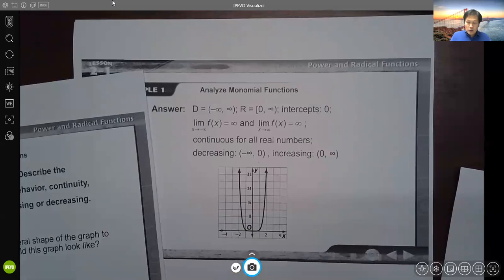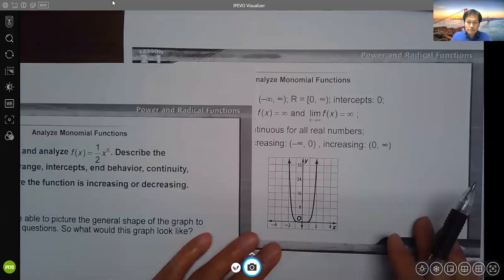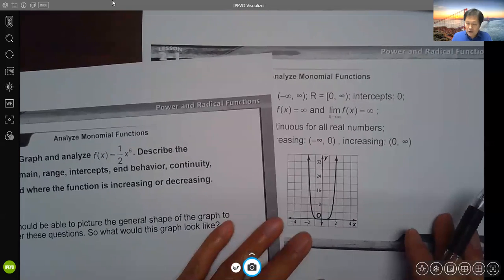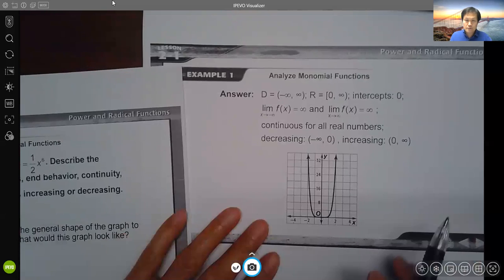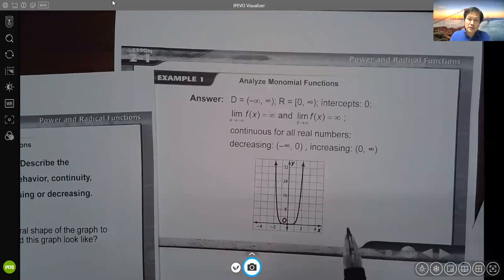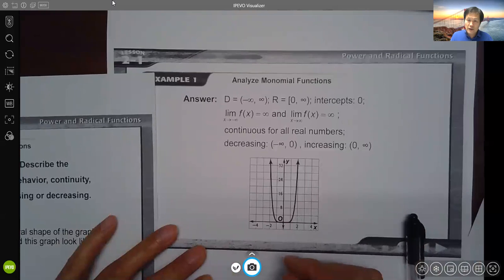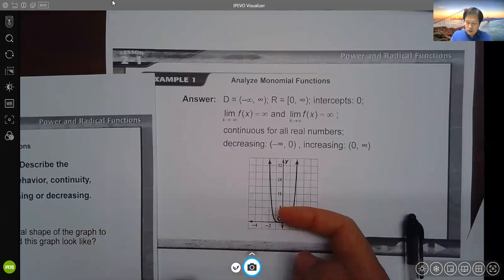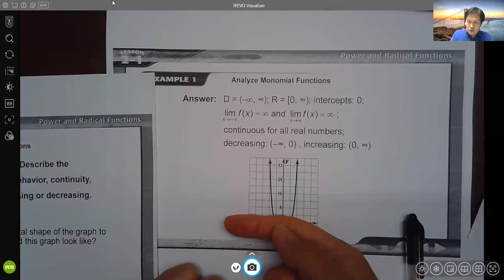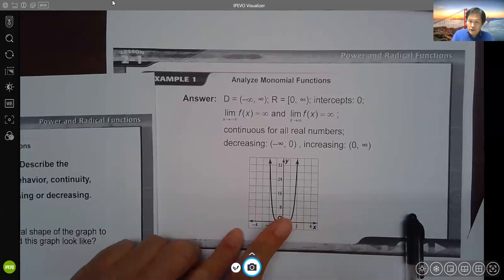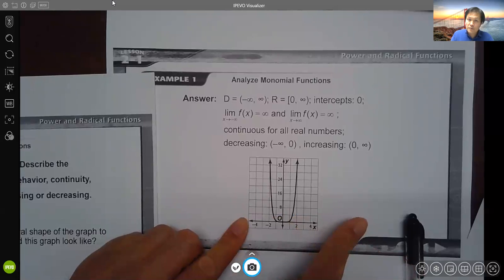So given this graph, let's answer all those. Domain means all possible x values: how far to the left the graph covers and how far to the right.